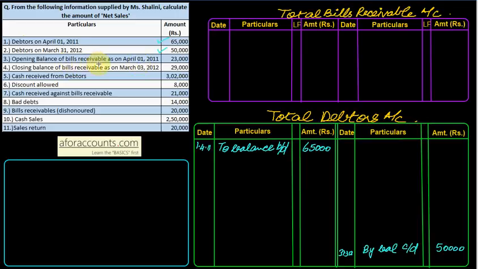Opening balance of bills receivable. Bills receivable are also my assets. So the opening balance in the debit side as on 1st April 2011 is 23,000. This is the debit side, and bills receivable has a debit balance as they are my assets. To balance brought down, opening balance of bills receivable 23,000.